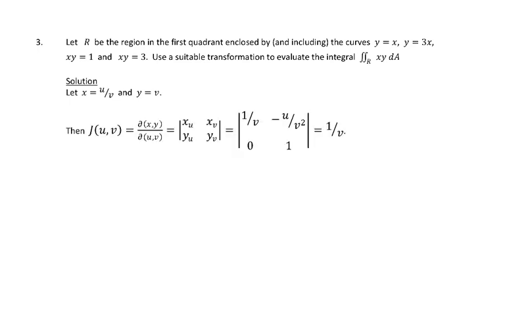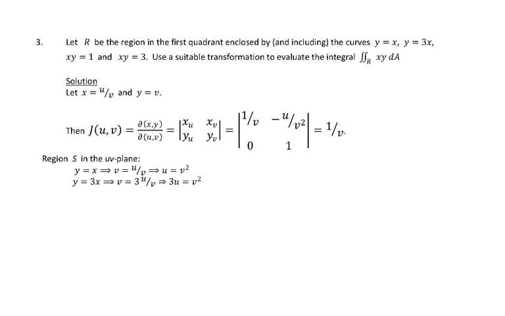Remember that whenever you use a transformation, you have to calculate and incorporate the Jacobian into the new integral. In this case, the Jacobian is 1 divided by v. We now need to find the region S in the uv plane. That will be the region over which we will calculate the new integral.